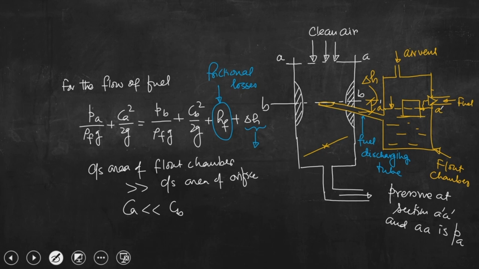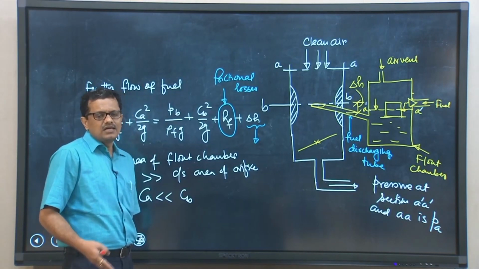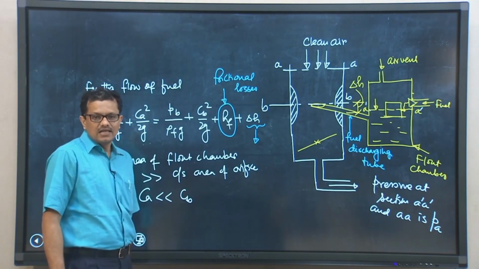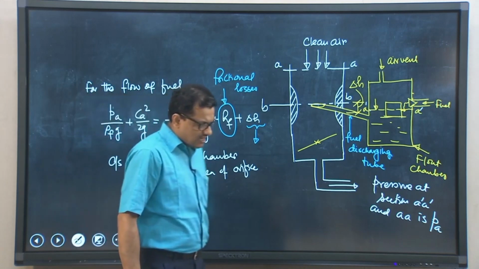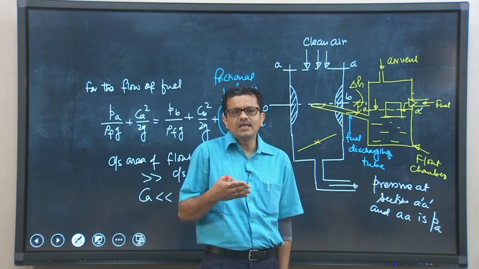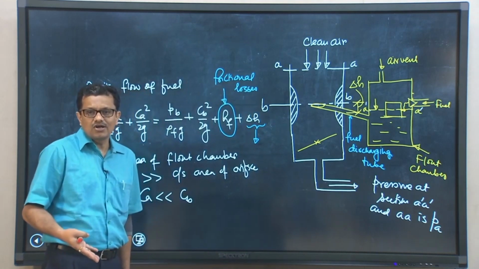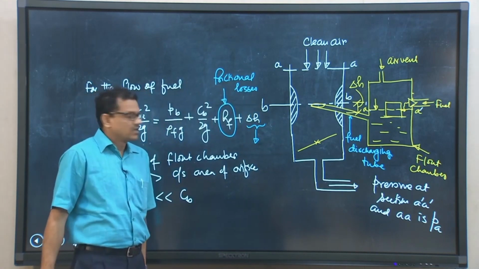In fact, in today's class also we had written the energy equation in its steady form, not in its unsteady form. So, we are assuming that the flows, whether it is flow of air or flow of fuel from float chamber to the orifice point, are steady. So, whether that would be the case in real applications or not, that we need to know.